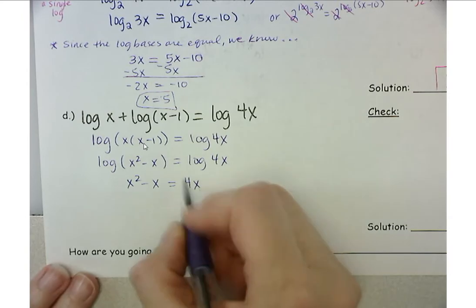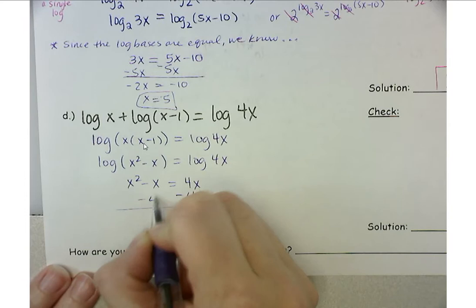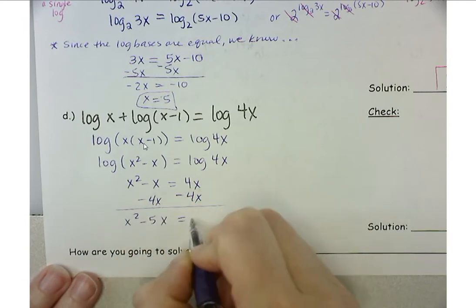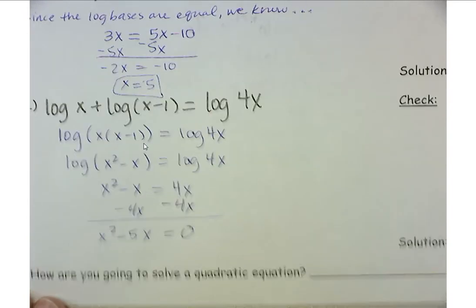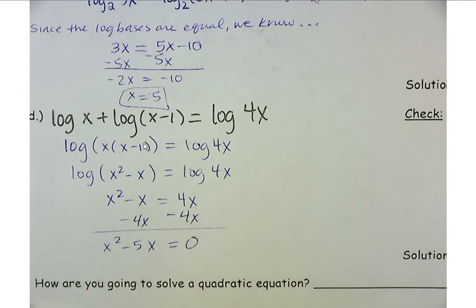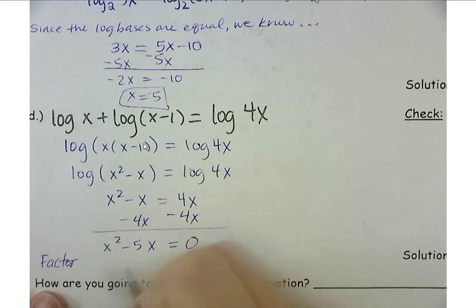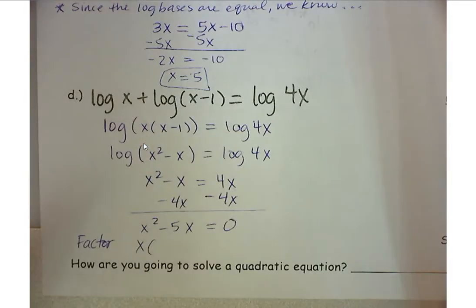So this is a quadratic. With quadratics, we want to move everything to one side so that you can, yes, you can use the quadratic formula. You can factor. Yep, complete the square. So we're going to factor. Okay, so you're going to factor to find your two solutions. You might have to factor a trinomial too.